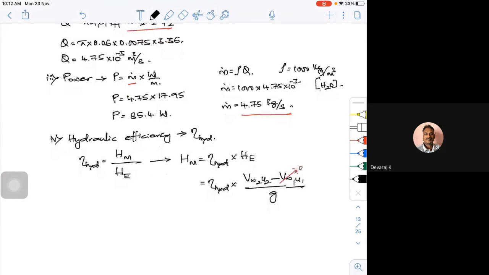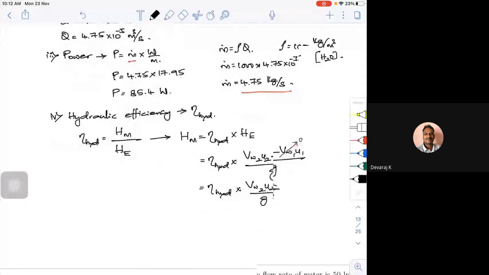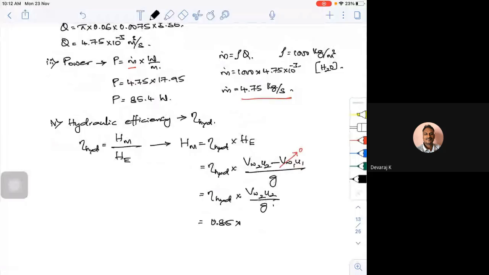So this formula reduces to hydraulic efficiency into VW2 into U2 by g. So this is your Euler head. Let us substitute it. This is 0.85 into VW2, which is around 3.8, into U2, which is 4.71, divided by 9.81. If I do this, I get my manometric head as 1.56 meters.